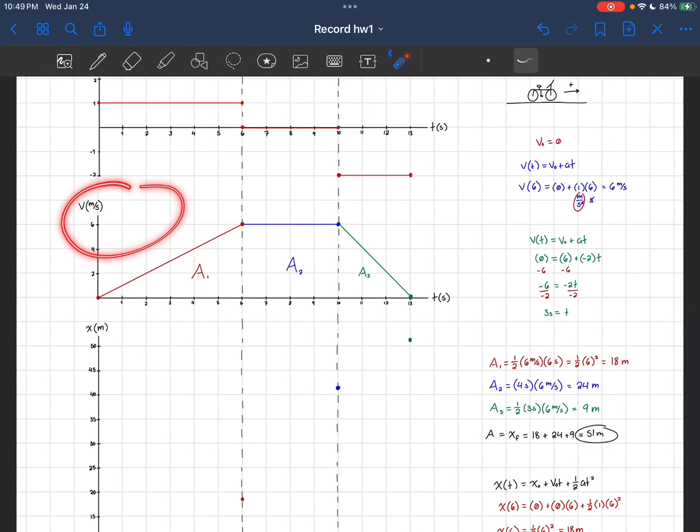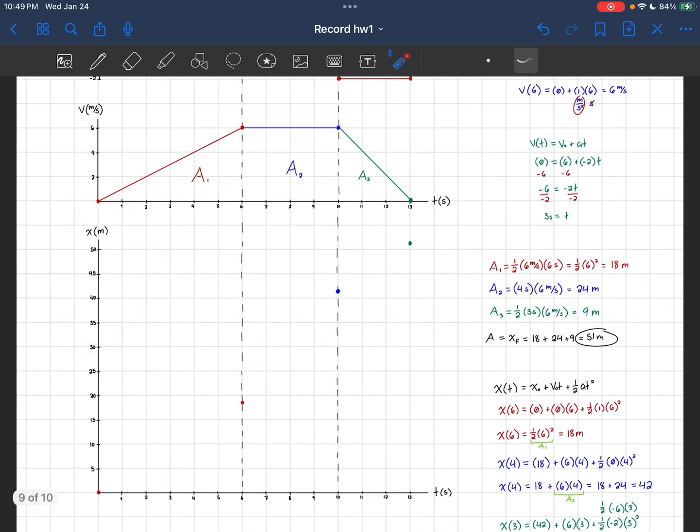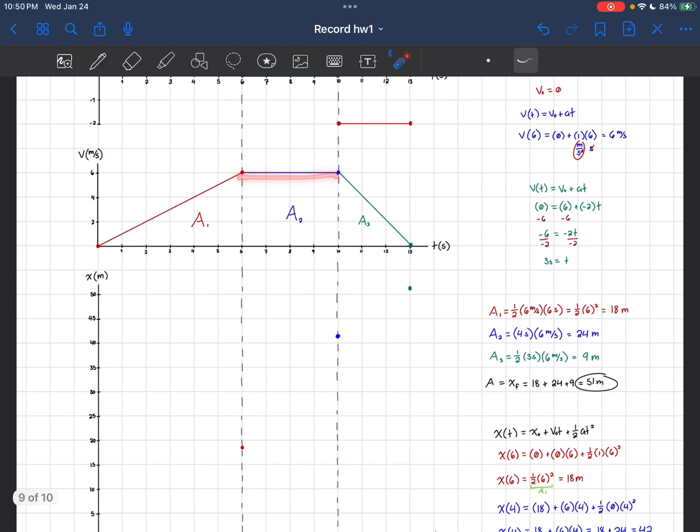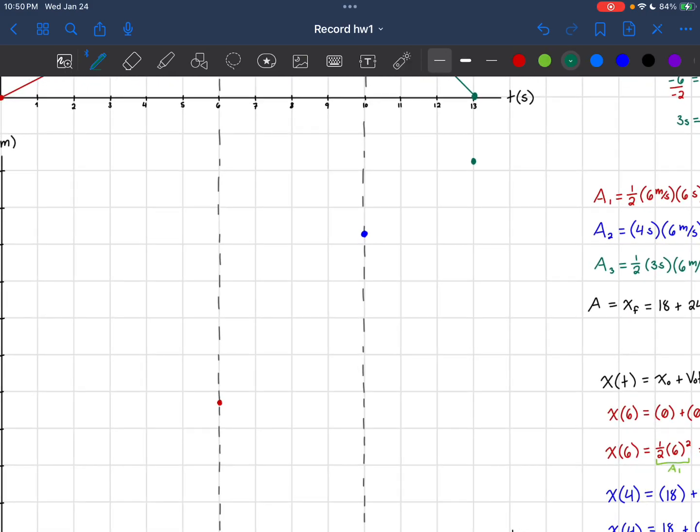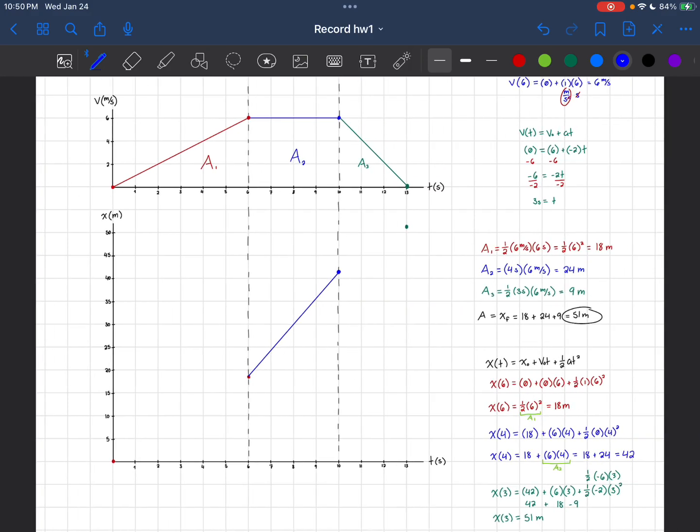Because my velocity is the slope of my position graph, a constant velocity tells me that this section has a constant slope, and the type of graph that we know has a constant slope is a line, right? So this has a constant and positive slope, which makes sense because during this stretch of time, my position is increasing, right? And I'm going to draw a line just like that, right?